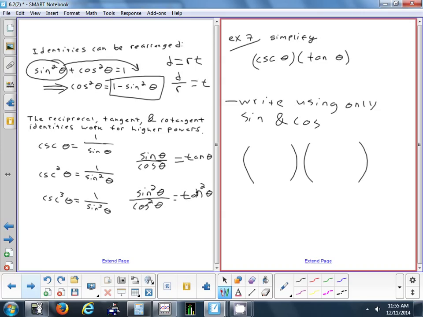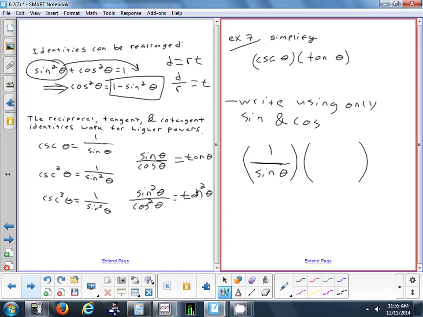Okay, let's start with cosecant. Anybody tell me, how do you write cosecant just using sines and cosines? You might need both, or you might just need one in this case. Yeah? To get cosecant, you use 1 over sine. Yep, you flip the sine. Good. How about tangent?